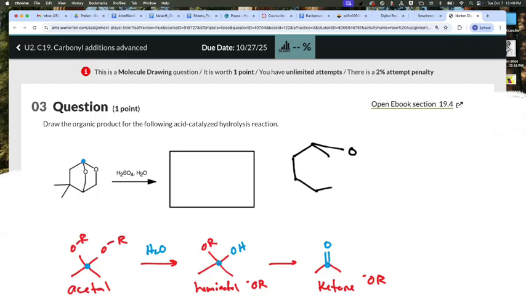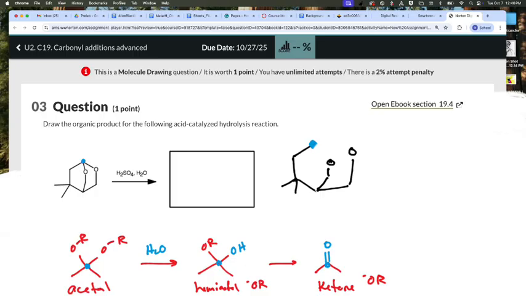Which is challenging because of the shape of this little bugger. There's my acetalic carbon. If we consider what's transitioning, what happens to the bonds between the acetalic carbon and the oxygens? They break. They go away. Done. So I can delete them.